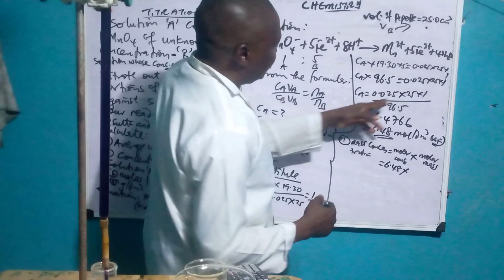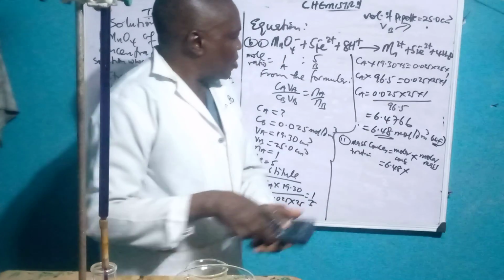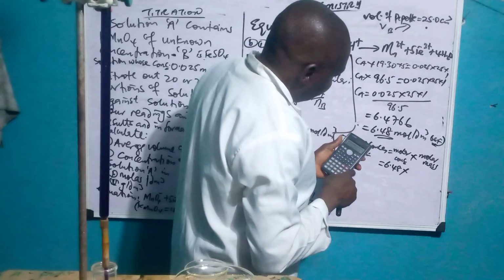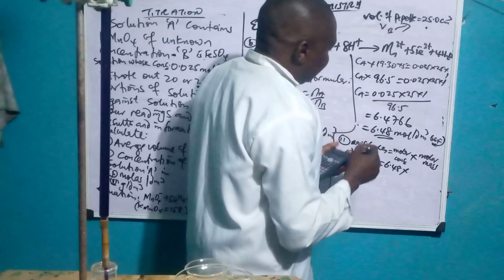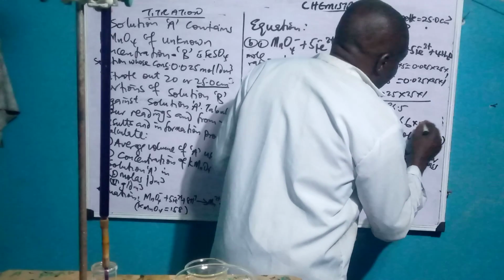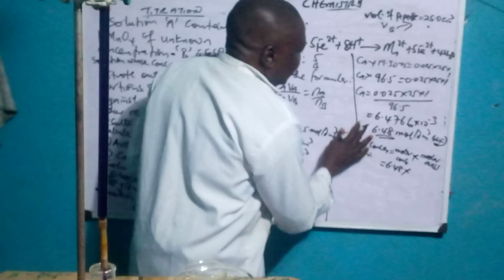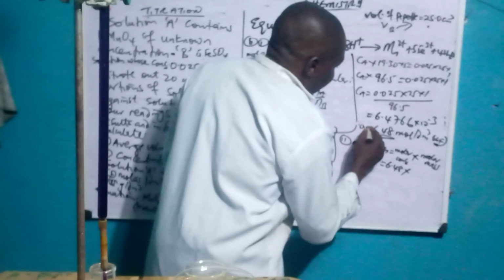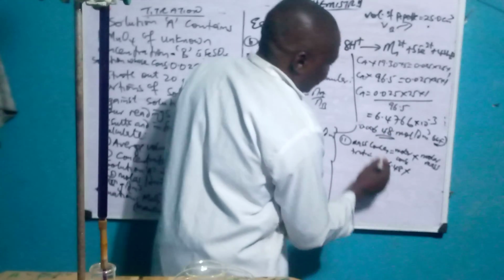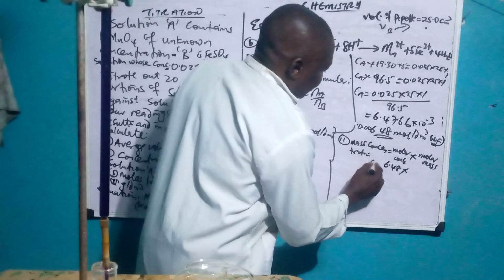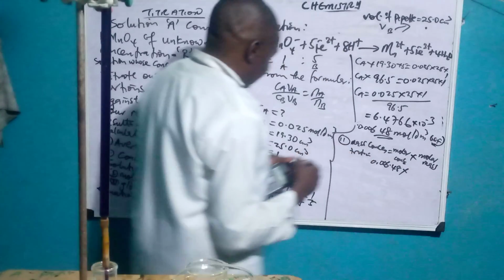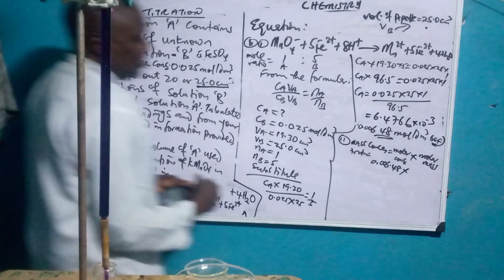But let's go through this calculation again. I hope we didn't make a mistake in these figures. Let's do it again, please. 6.476 times 10 to the power of 3 times 10 to the power minus 3 automatically gives us 0.648. So this is what we have: 0.00648 times the molar mass. And they give us molar mass as 158.